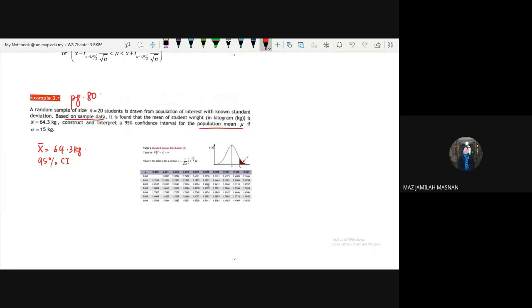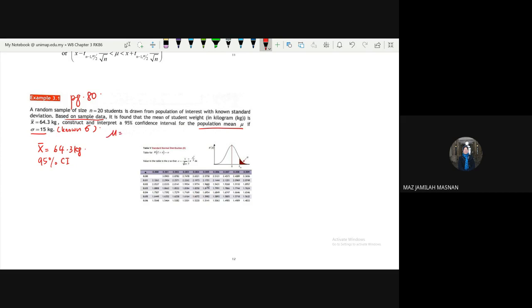See, this is what we call a hint for you, whether your sigma is known or unknown. Construct and interpret a 95% confidence interval for the population mu if sigma is known. Sigma is 15. Now, what is your mu?